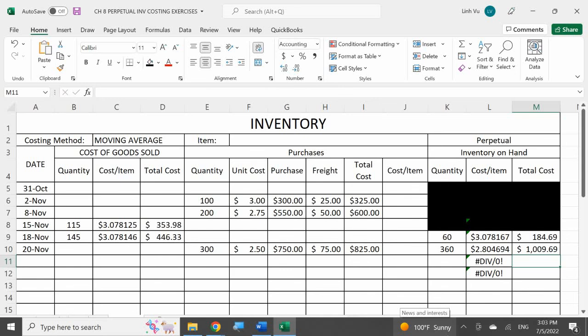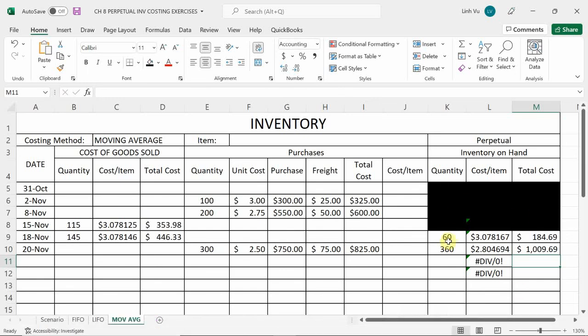In this case, it dropped significantly. Why? Because the purchase price of each item changed. It went from 275 to 250, so that dramatically dropped my average cost per item, a whole 27 cents. So now I have 360 units available at $2.84694.